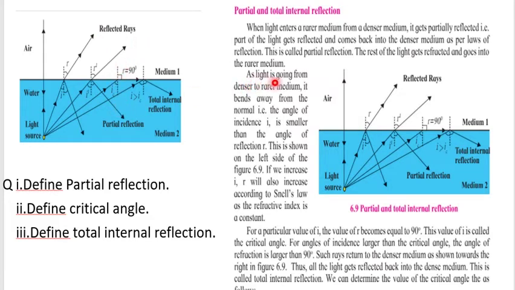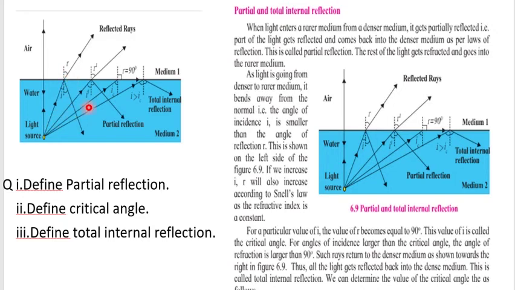Here, as the light is going from the denser medium to rarer medium, it bends away from the normal. The light ray bends away from the normal. In this condition, the angle of incidence is smaller than the angle of refraction.